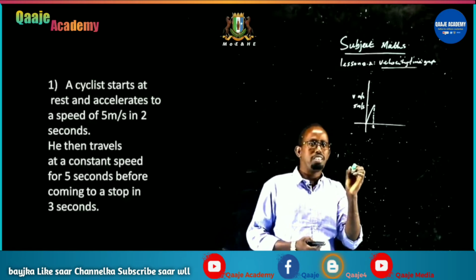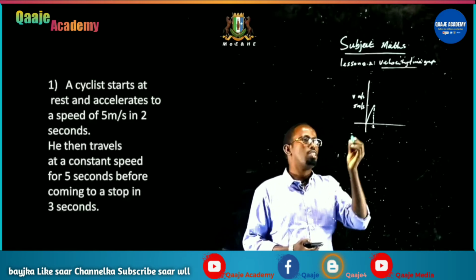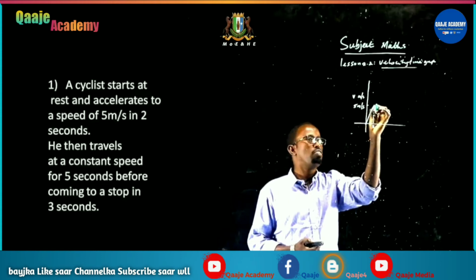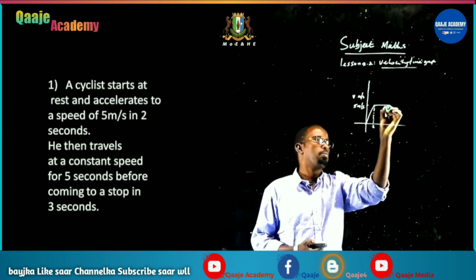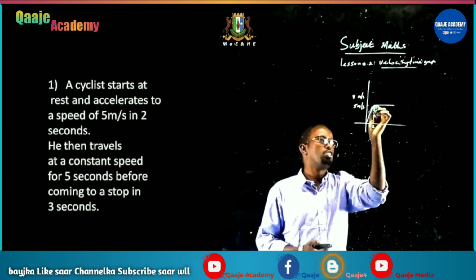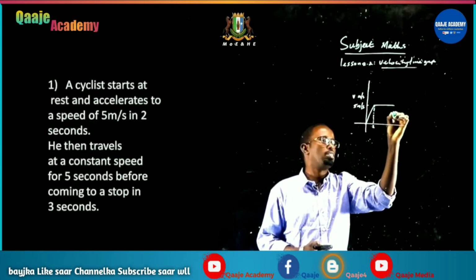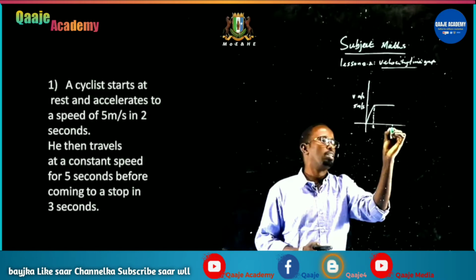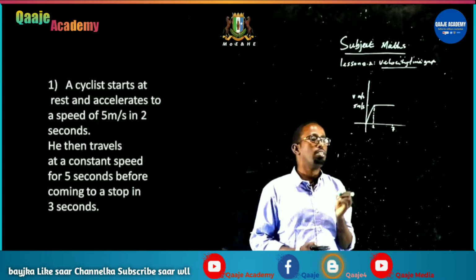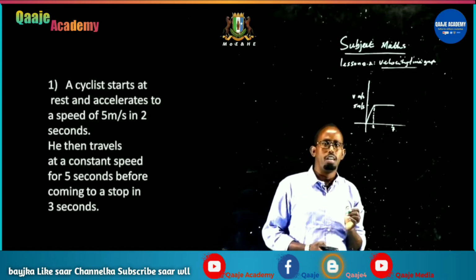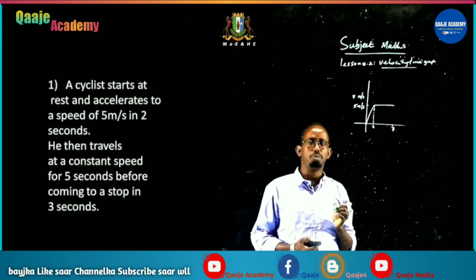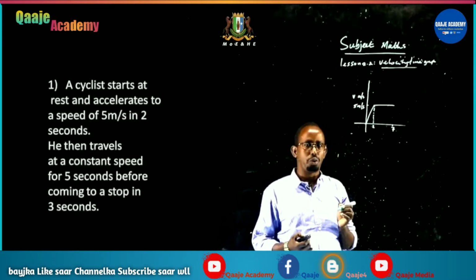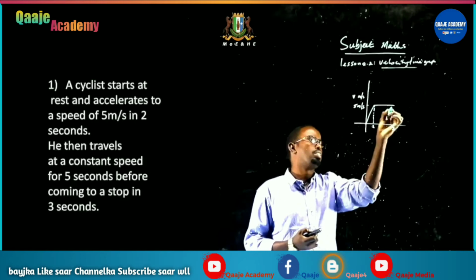He then travels at constant speed for 5 seconds. So that is 5 seconds. Constant speed, 5 seconds. So 2 plus 5 is 7. So that is 7. At constant speed for 5 seconds before coming to stop in 3 seconds.